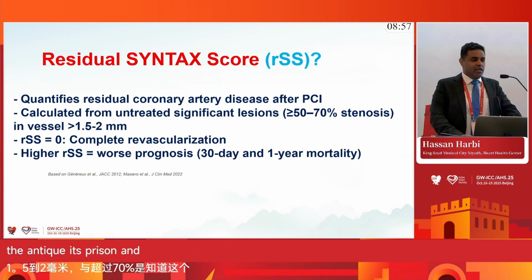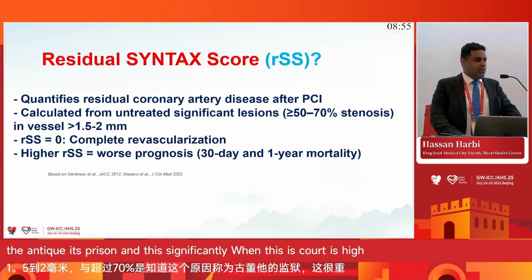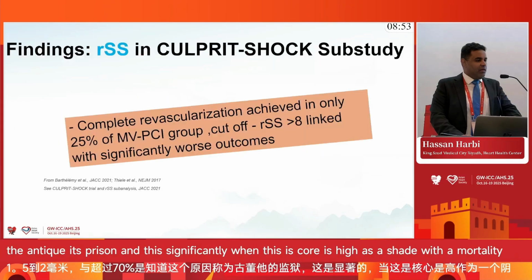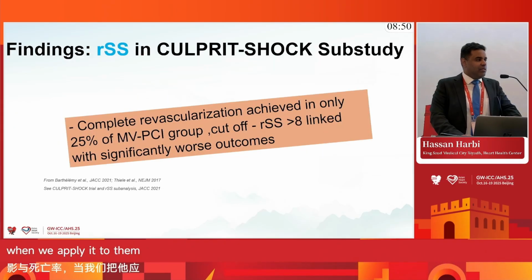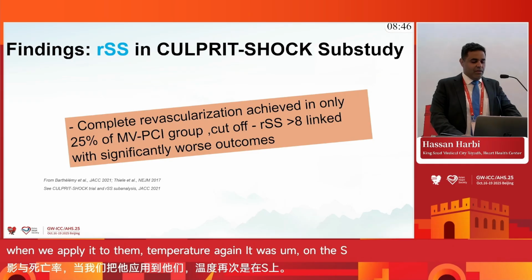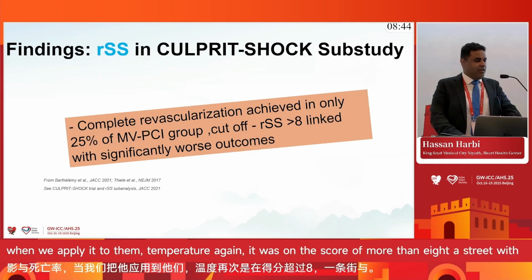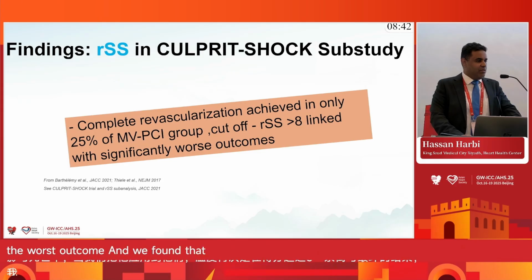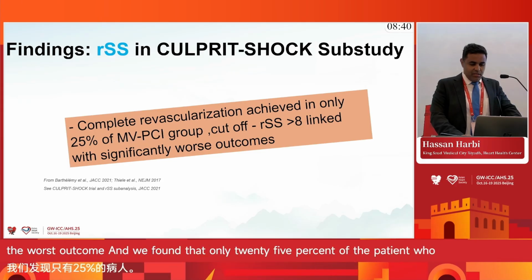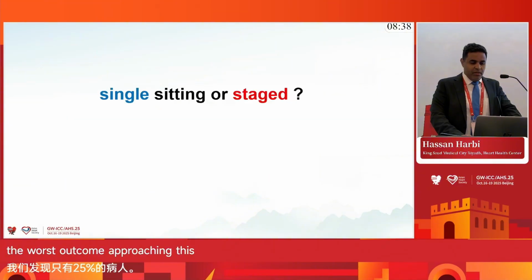When this score is high, it is associated with mortality. When we applied it to CULPRIT-SHOCK, a score of more than 8 was associated with the worst outcome, and we found that only 25% of the patients who had multivessel PCI reached this score.